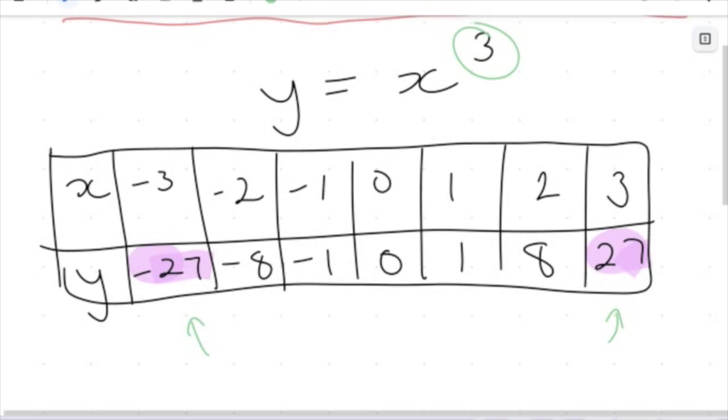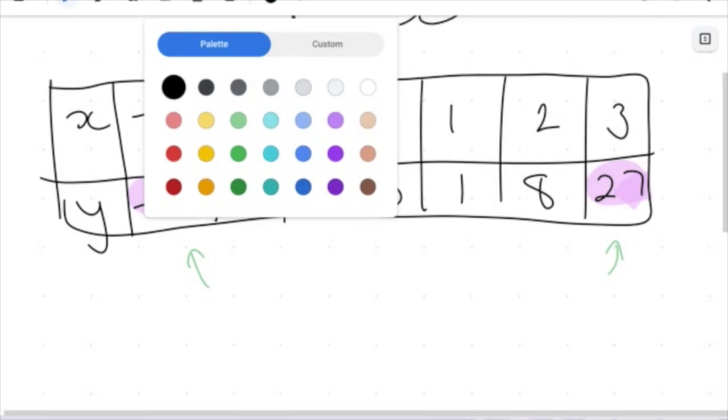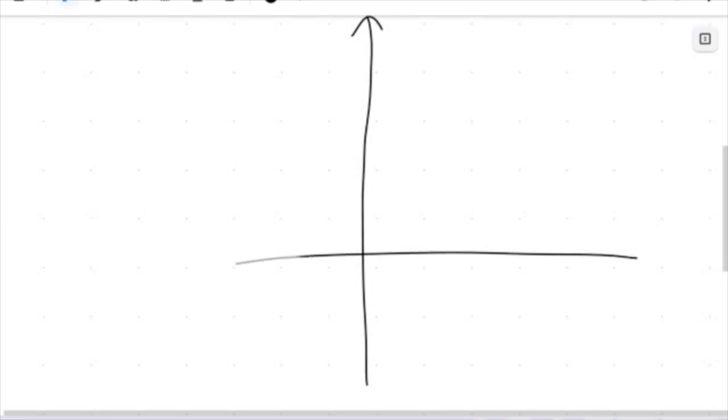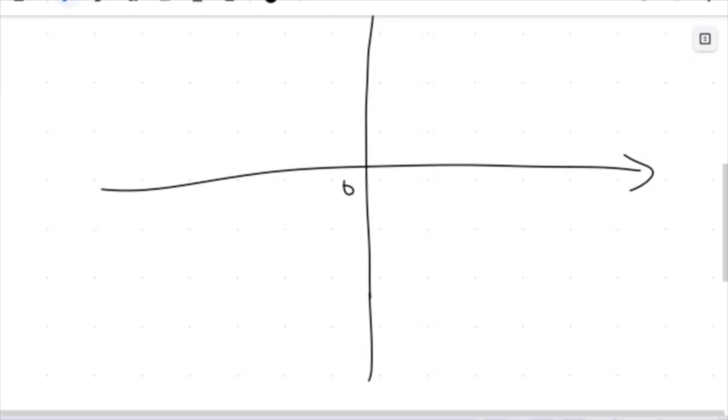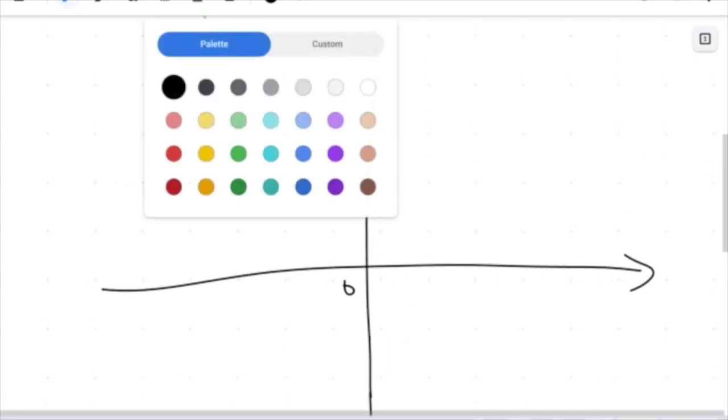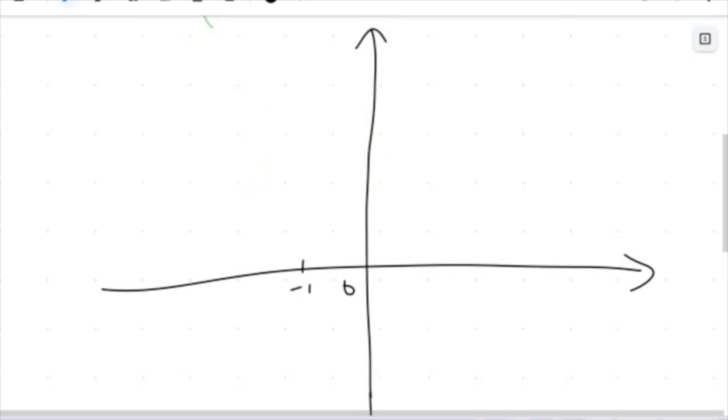Now, if we draw this, obviously not to scale, because I have some massive numbers here, we want to investigate what this would look like. Okay, so starting at 0. Okay, now let's just write in some values of x.